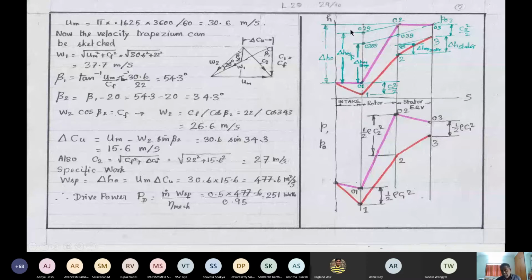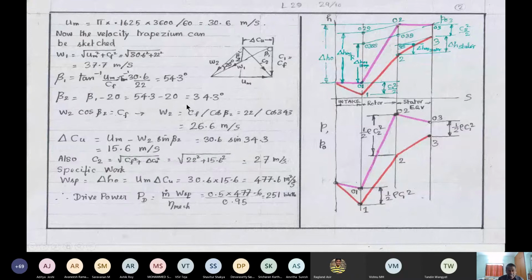Then other parameters are indicated. We will discuss that as we proceed in the calculation. Any doubts so far? Are you hearing? Yes, sir. Okay. We'll go to the next sheet.